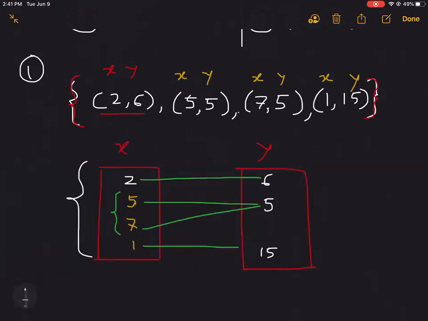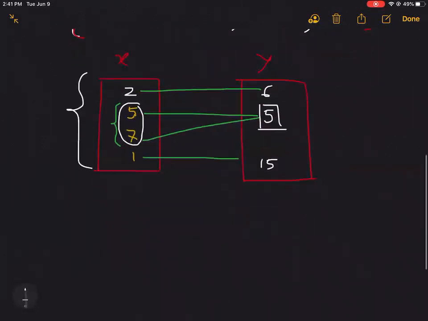Next up, we have more than one element in the domain related to the same element in the codomain or range on this occasion. So that's still okay. We don't have one element of domain related to more than one element in the range. So that's what we want. So overall, we can say that yes, this is a function.